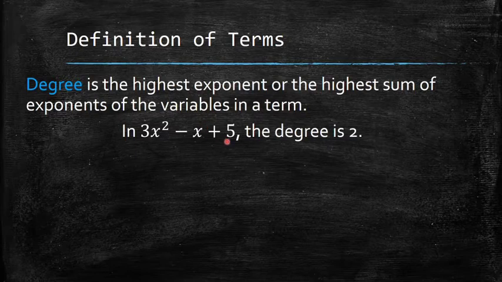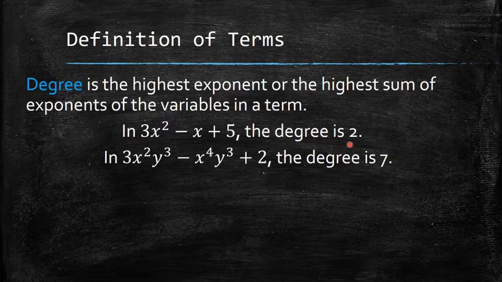While for our constant alone, there's no variable, it means that the degree is 0. So the highest degree is 2. Therefore, the degree of this algebraic expression 3x squared minus x plus 5 is 2.